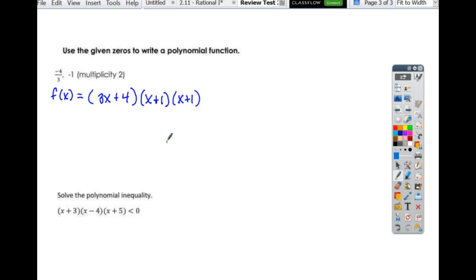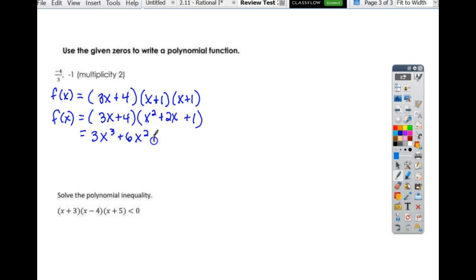So if I multiply this out, I get x squared. 1 times 1 is 1. And then I get 1x plus 1x, which is 2x. And I still have to multiply that times 3x plus 4. So when I multiply 3x times x squared, I get 3x cubed plus 6x squared plus 3x plus 4x squared plus 8x plus 4.